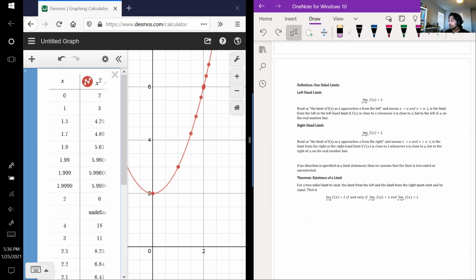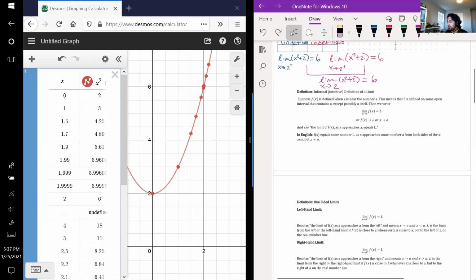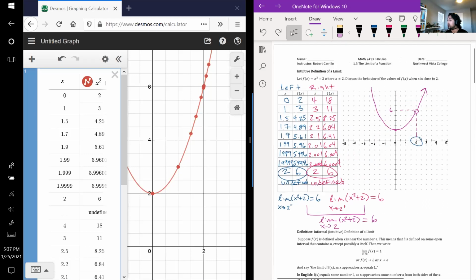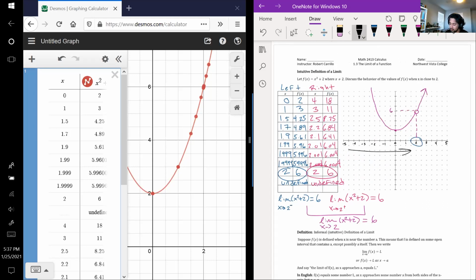This means as x approaches a, all the values of x are less than a. We were approaching 2, and if you approach 2 from the left, all of these values are smaller than 2. So this is what it means to approach a number from the left.